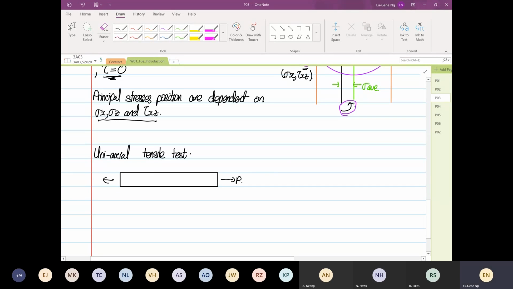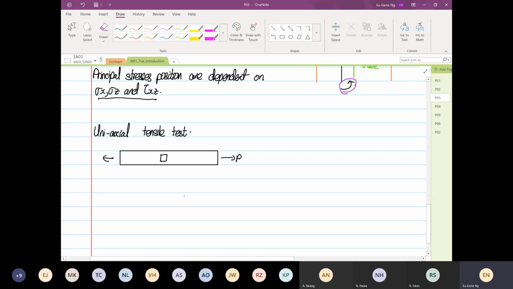We put a load P, and then we have an element down here. If we draw a bigger element, this element only has our stress X value, based on the uniaxial tensile test.